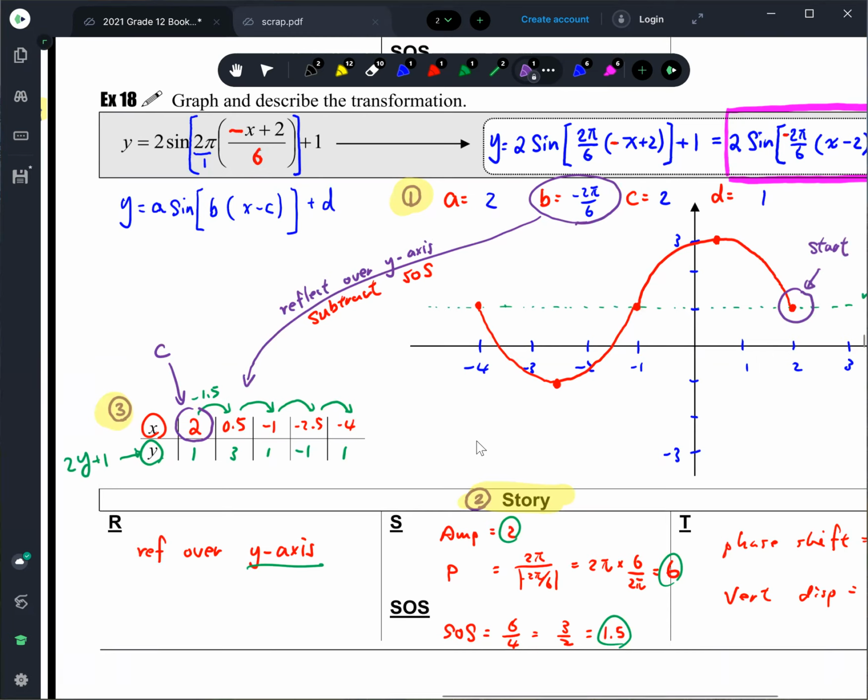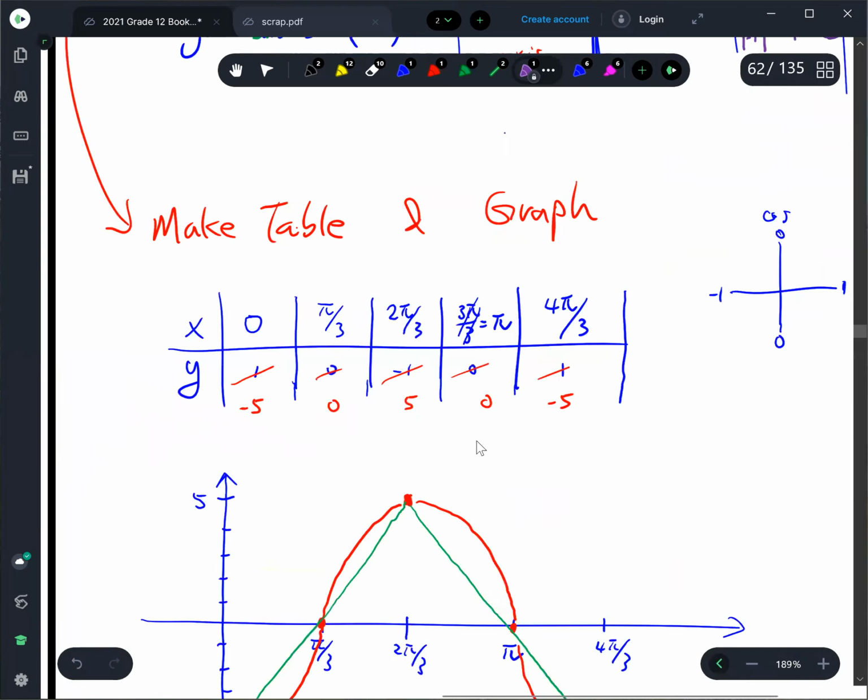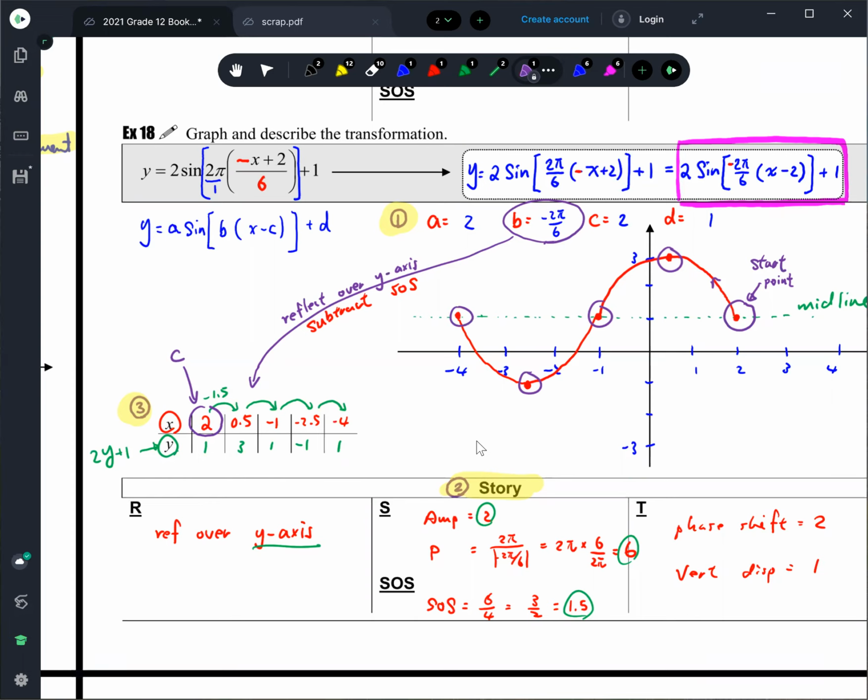So you keep on subtracting the size of the space from the starting point. You move to the left, to this one, this one, this one, and this one. When you get a graph, we don't need to know all the points. The most important point to find out is the starting point.